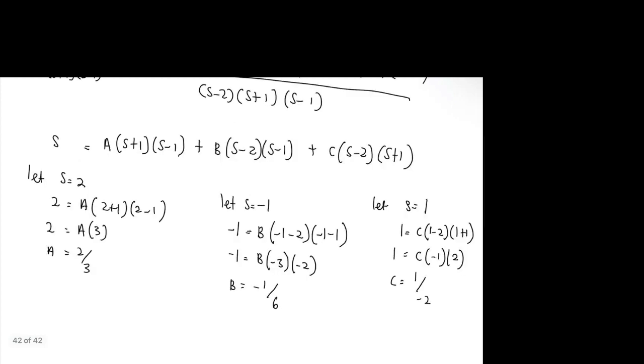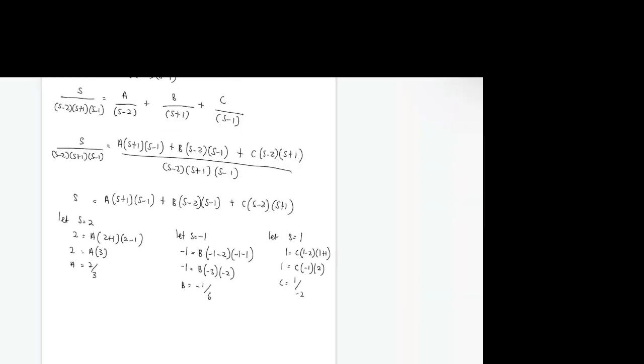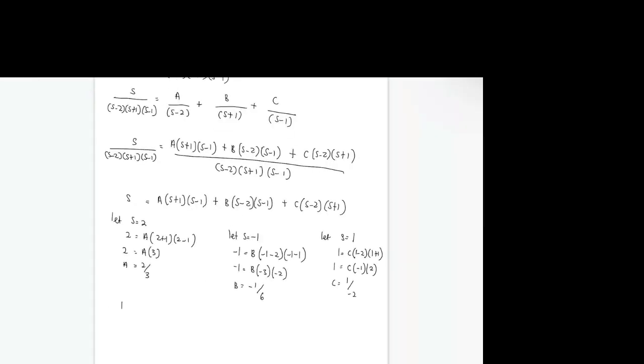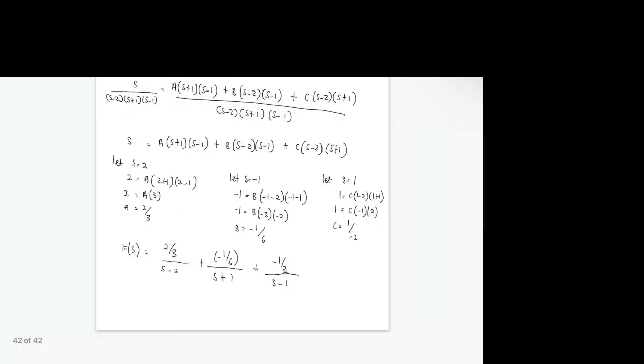Now, you know A, B, C. So substitute into this equation. So let me make it smaller. So we have F(s) equal to 2 over 3 over s minus 2 plus negative 1 over 6 over s plus 1 plus C, which is negative 1 over 2 over s minus 1.